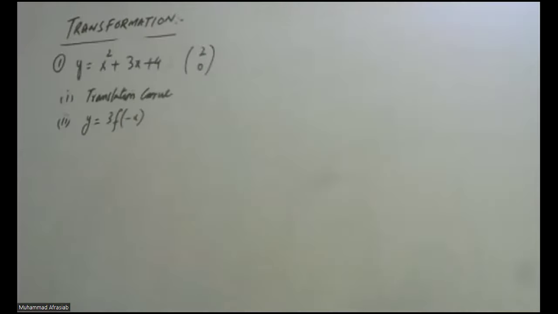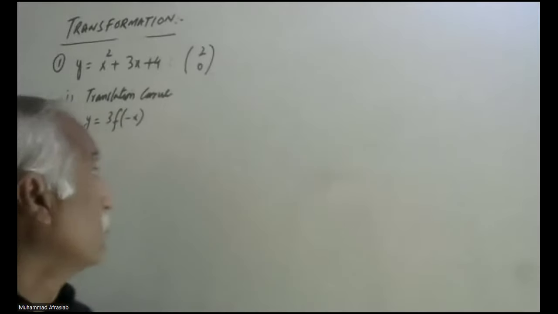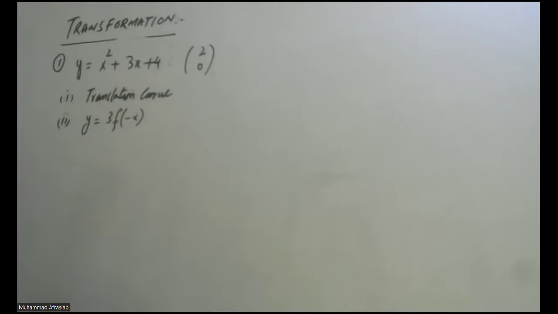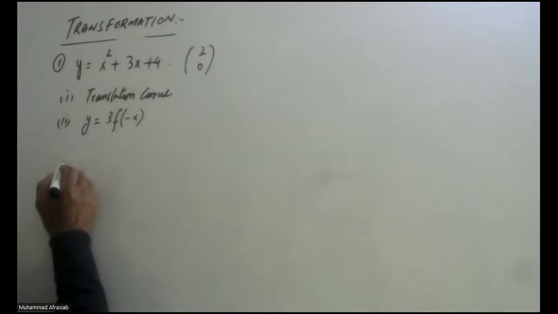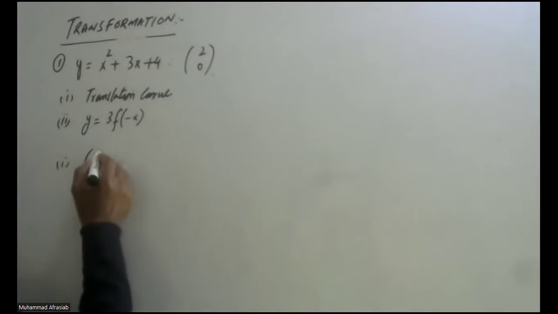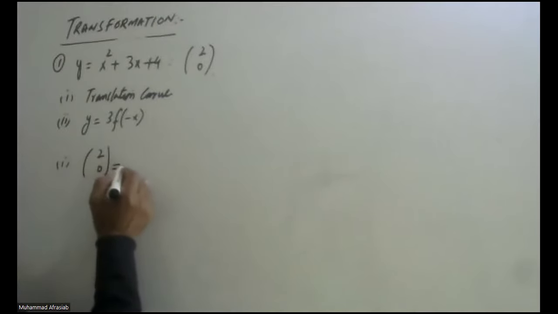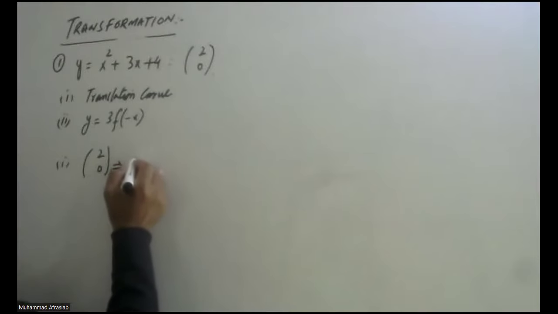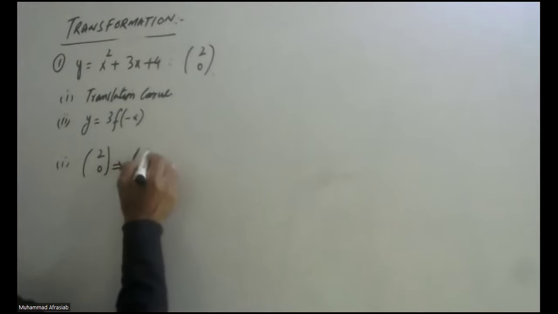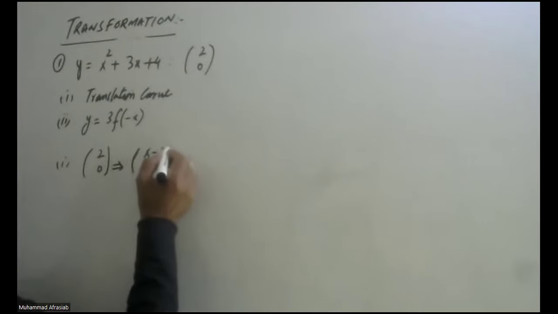So, since the curve is y is equal to x square plus 3x plus 4, and it is being translated with respect to the vector (2, 0), for the first part, this (2, 0), in other words, means x minus 2 and 0.